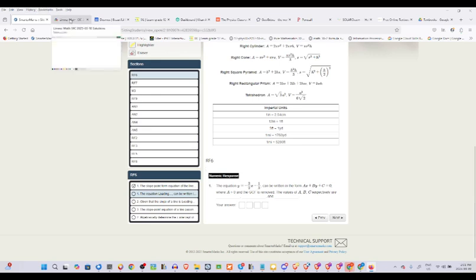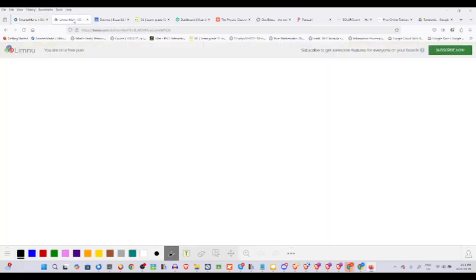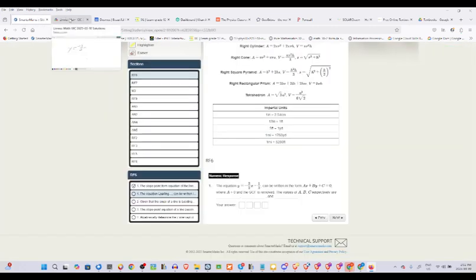So, let's take a look. We had y equals negative 3 over 2x, I think it was minus 1/3.